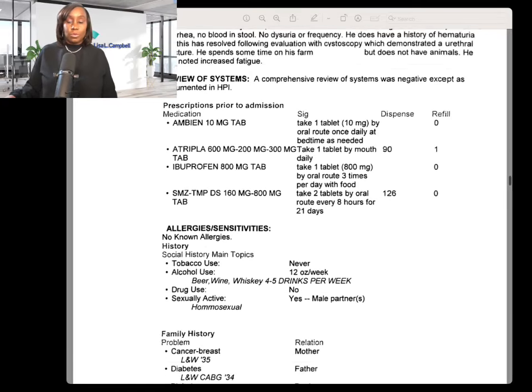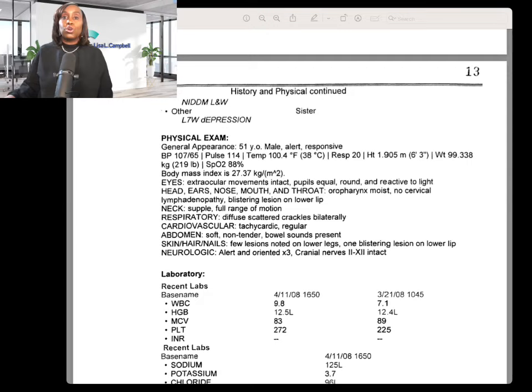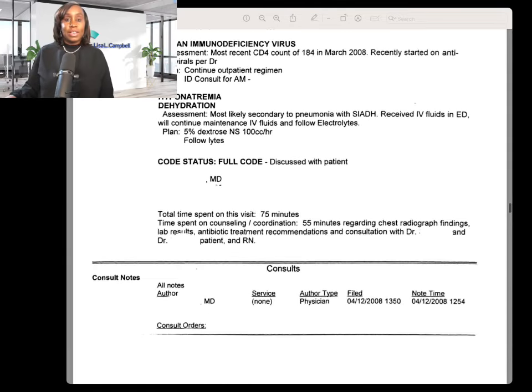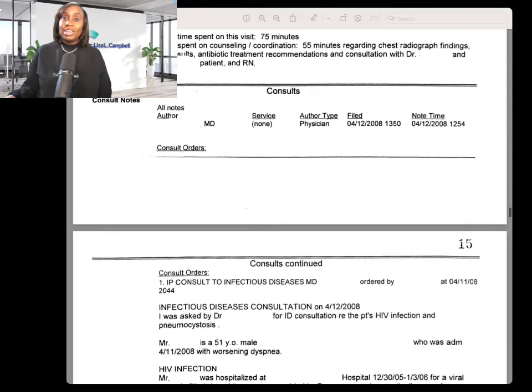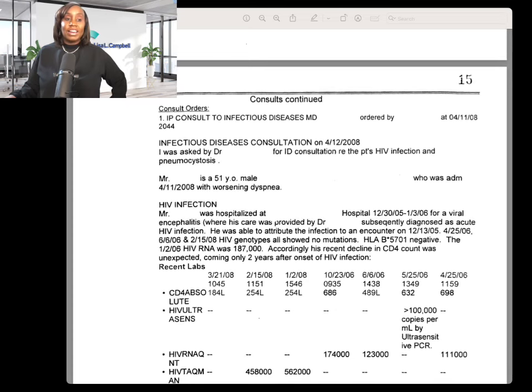So read through the record and capture what you believe should be coded. And so when we get together, we're going to find out what you identified should be coded for your 25 inpatients that were assigned to you.